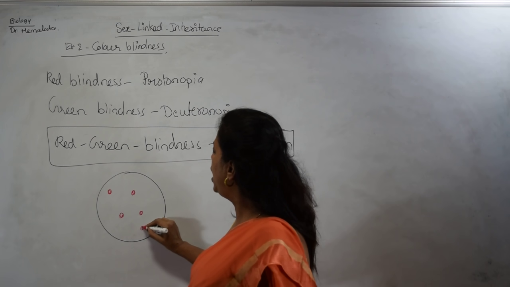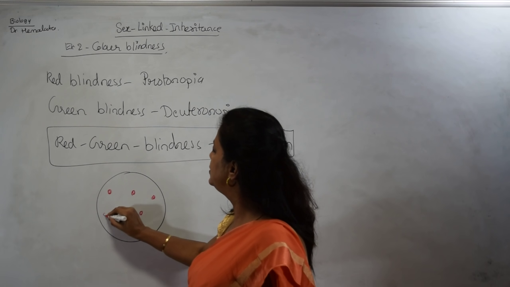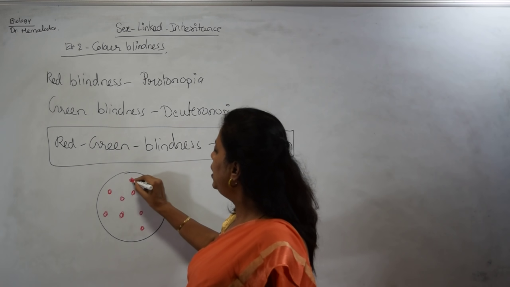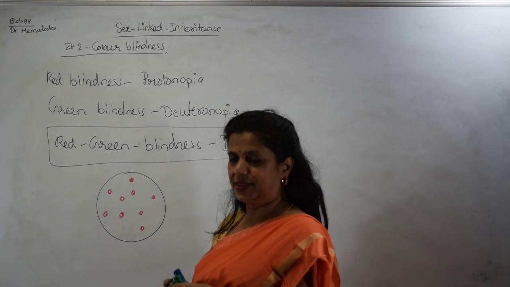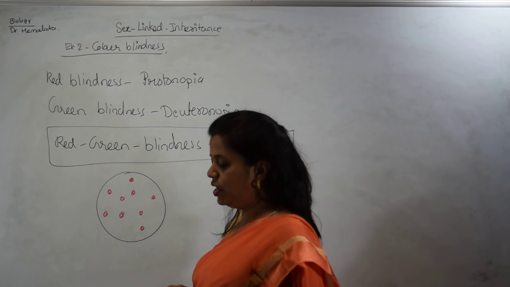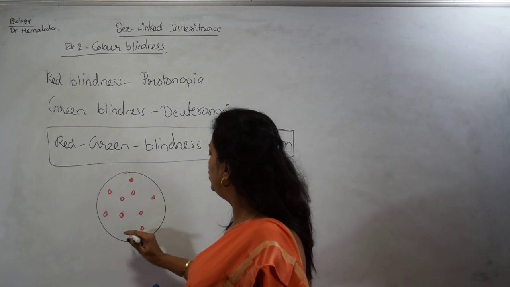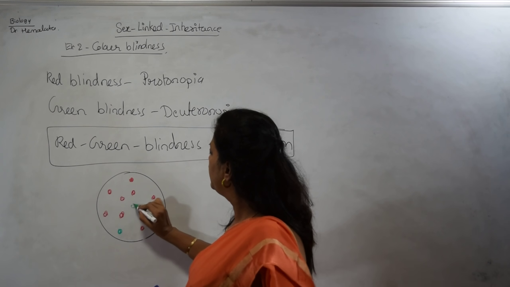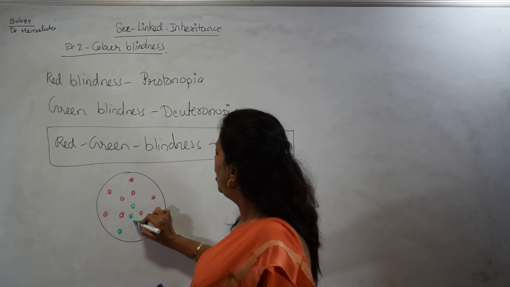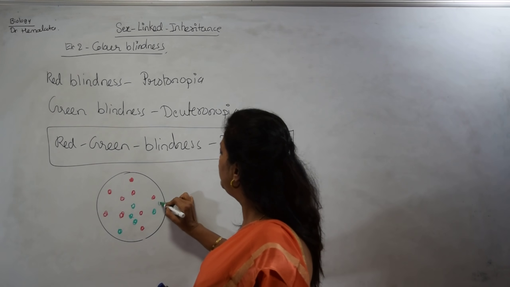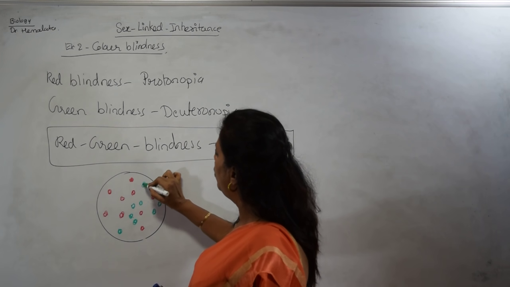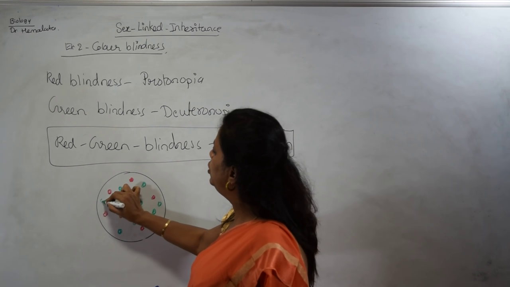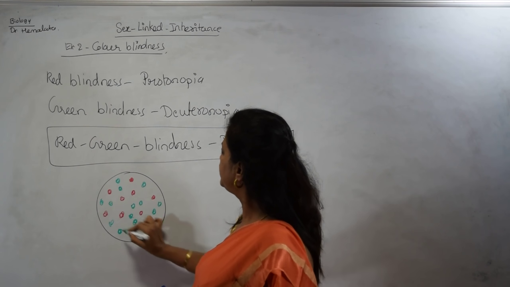You have to identify how many red dots are there in this and how many green dots are there in this, right? Can you really identify them or not? This was the earlier way to identify whether you have red or green blindness or you don't have. This is how they used to test earlier.